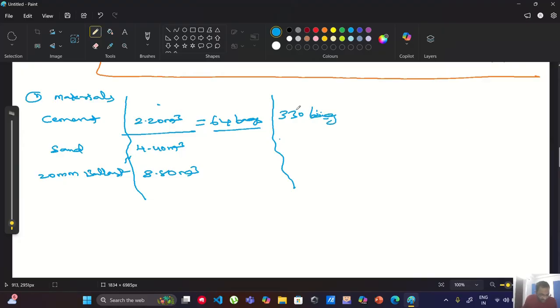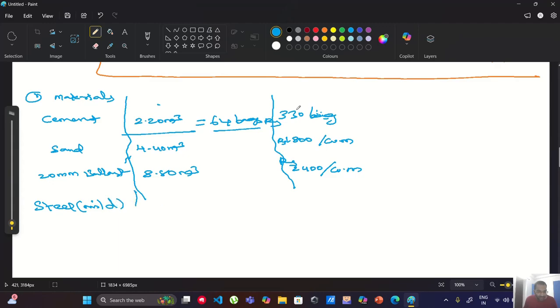And next for sand, 1800 rupees per cubic meter, and for the 20 mm aggregate, 2400 per cubic meter. These are all rupees. Along with cement, sand and 20 mm ballast, there is one more material, that is steel. Mild steel or HYSD steel.